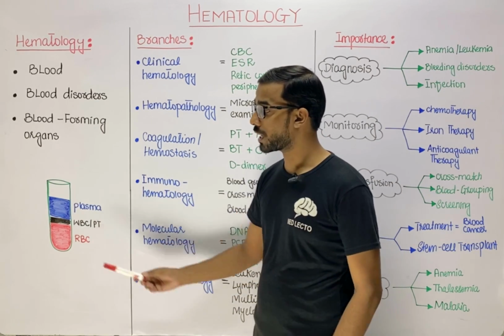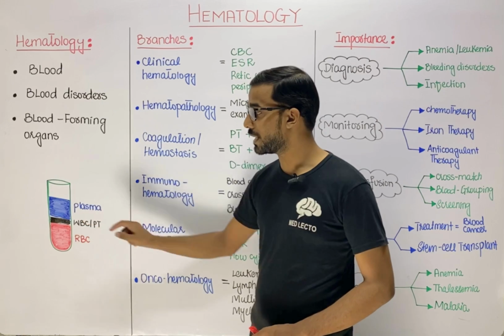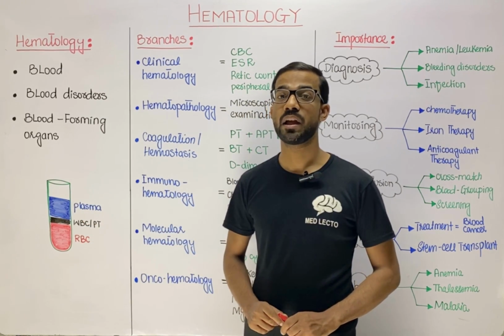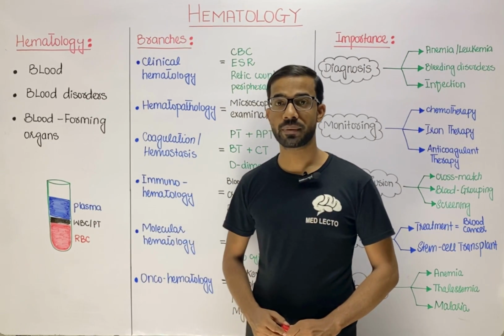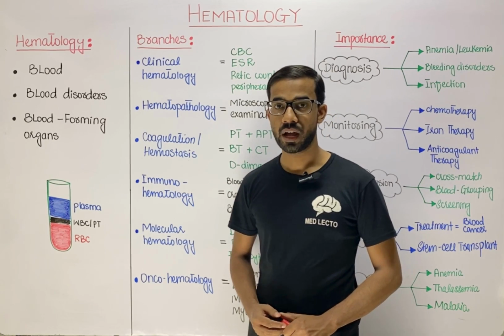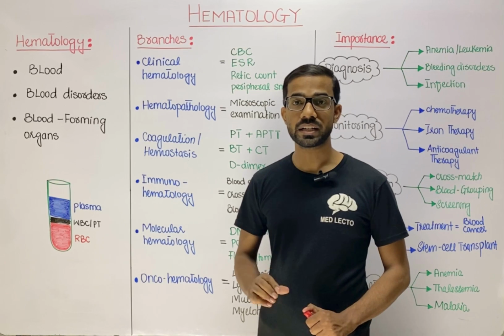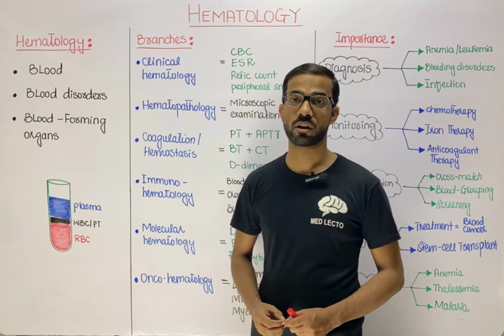At the bottom you will see the red blood cells settle down, and in the middle you will see the buffy coat, the layer in which you will see white blood cells and platelets, and at the top you will see the plasma, which is the fluid in our blood. So these are the three basic layers formed when we take anticoagulated blood in a test tube.